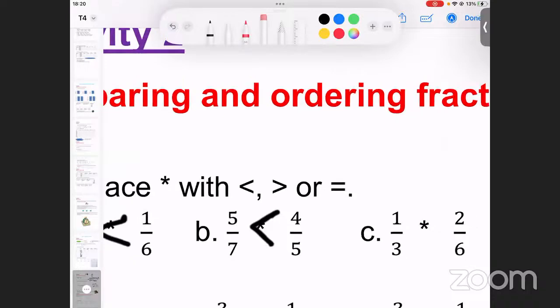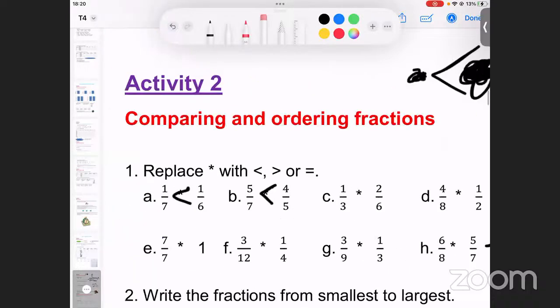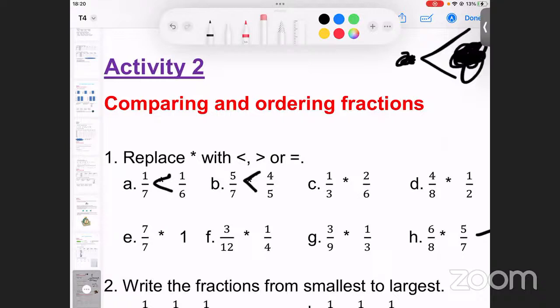Let's see. C, what's gonna be C? Do we have a volunteer? Me, I can volunteer. Okay. Get on it. So let me work it out first on my paper.